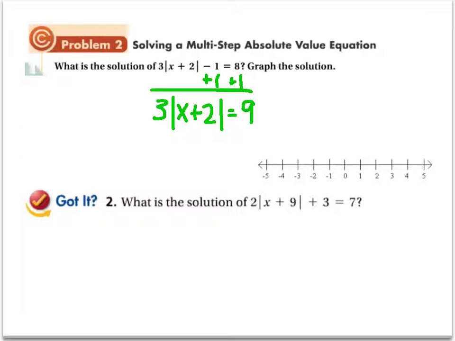Remember, we're trying to isolate the absolute value, trying to get it by itself. Now we're going to divide by 3. And I get the absolute value of x plus 2 equals 3.